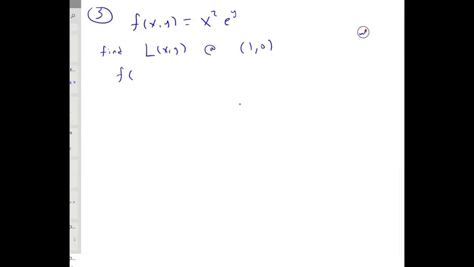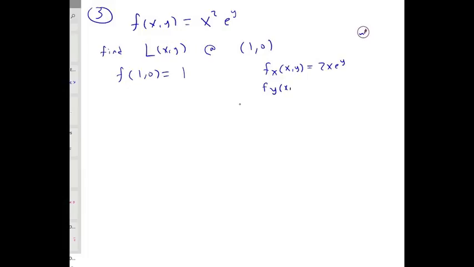So our f of 1, 0 is just 1 squared times e to the 0. These are both 1, so we can just rewrite this as 1. Our x partial derivative is 2x times e to the y. e to the y is just a constant in terms of x.